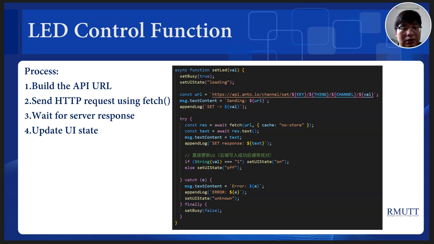Then it sends a request to change the value to 1 or 0. If the request is successful, the UI is updated immediately to reflect the new LED state. This ensures real-time interaction between the user interface and the cloud system.